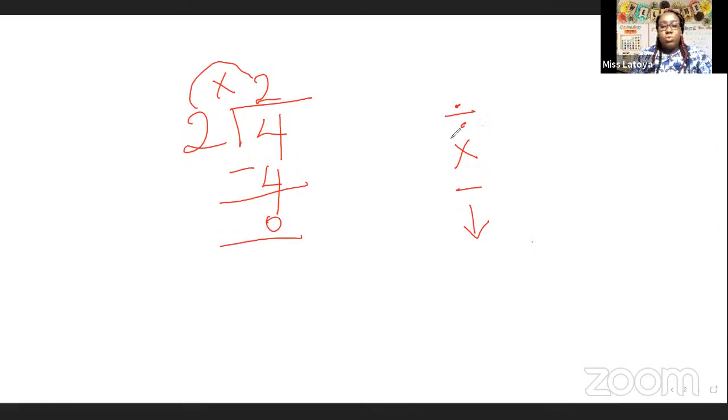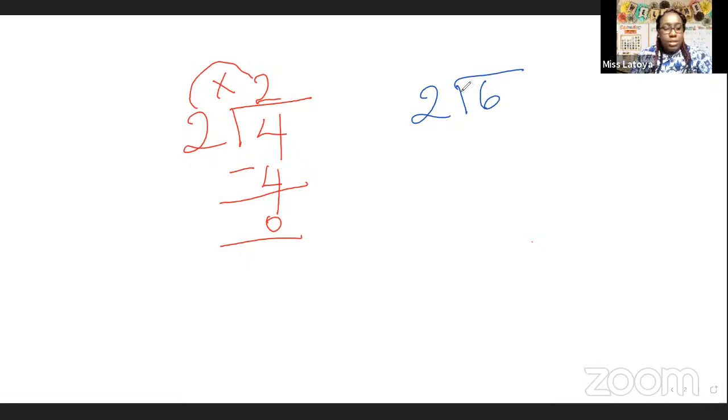I am going to do 2 into 6. For those of you who are working it with me, you can write it down. 2 into 6. Right, let's go. How many times could 2 go into 6?